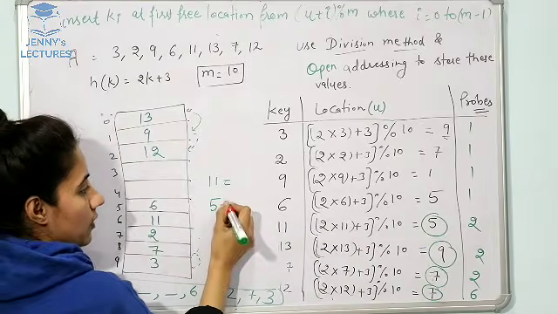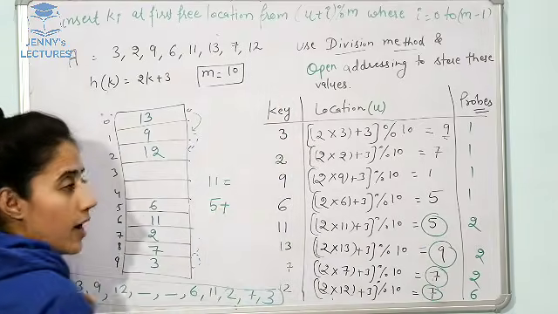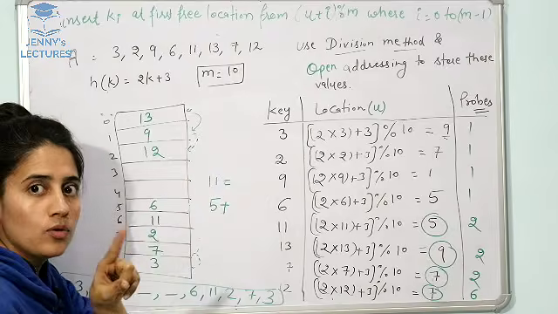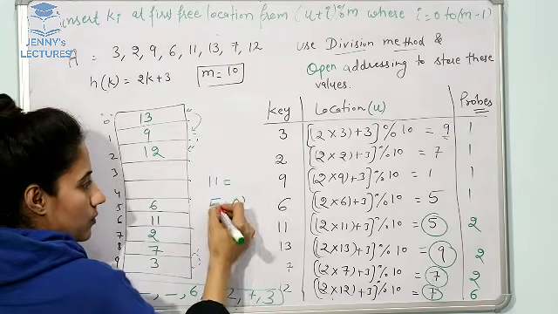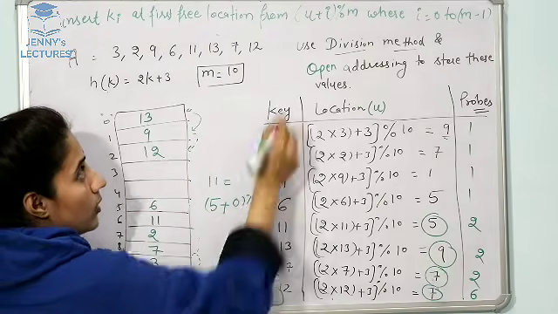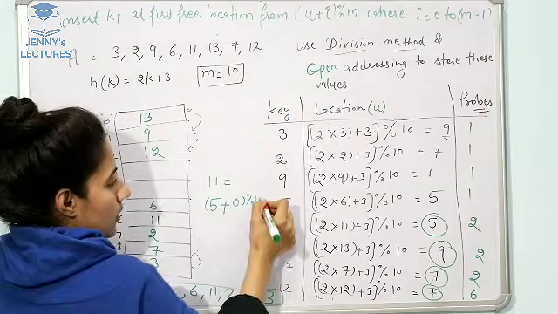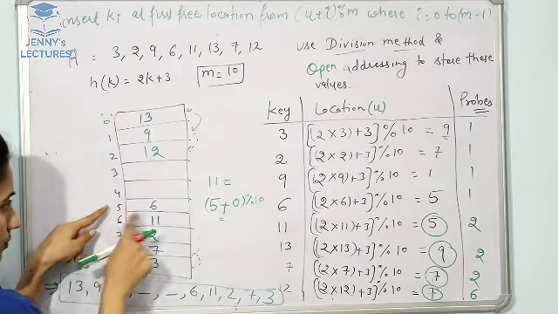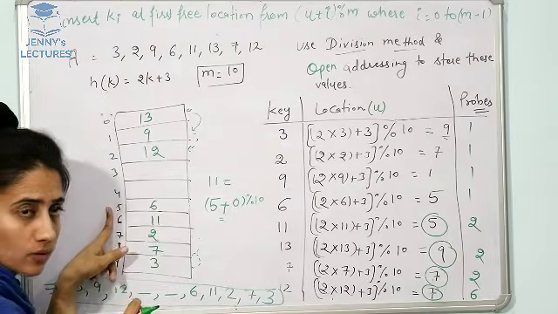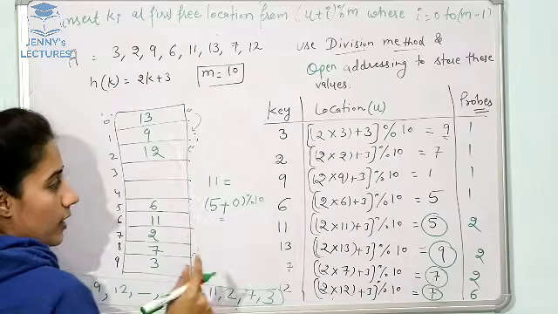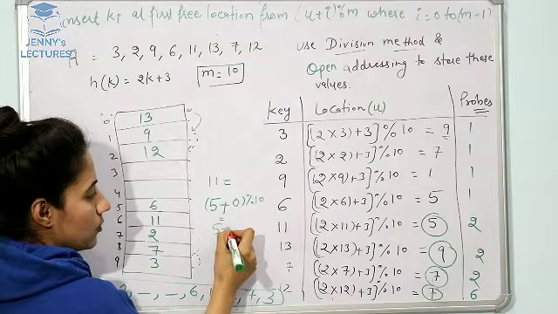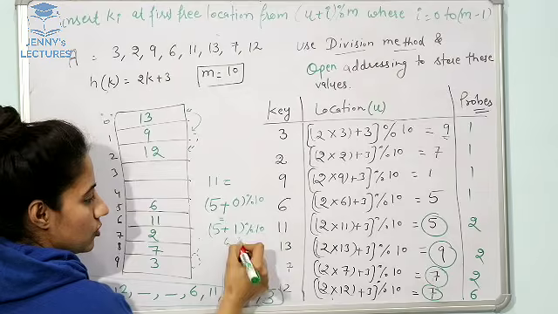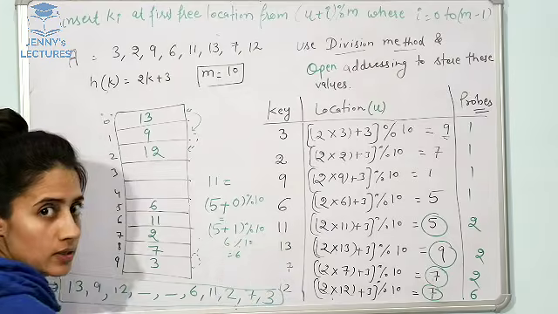Then 5 plus i. i will range from 0 to m minus 1. Now in starting, the value of i is 0. Fine. Mod m value is 10. And this would be 5 mod 10, that is 5, but this is not a free place. Now increase the value of i, now it is 1, then 5 plus 1 mod 10, 6 mod 10, that is 6.